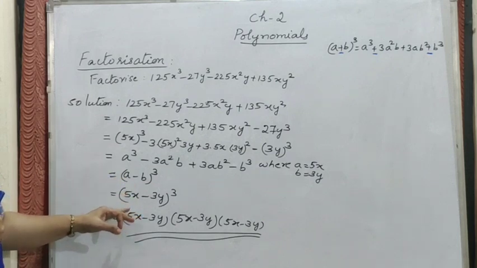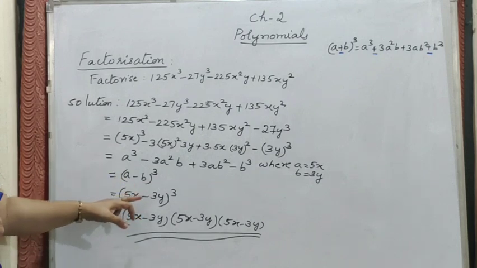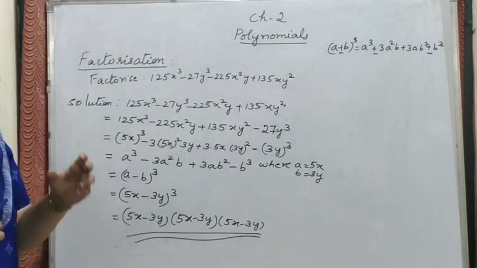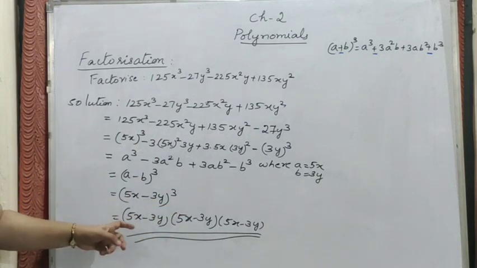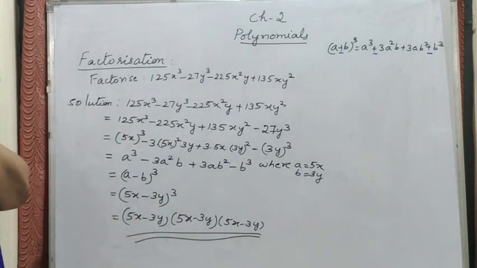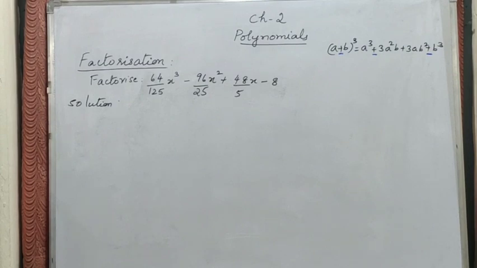So replace the values: 5x minus 3y whole cube. If it is the power 3, we should express it in the least power. So that is equal to 5x minus 3y into 5x minus 3y into 5x minus 3y. That is the answer.